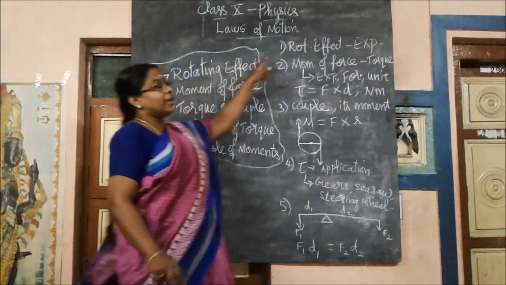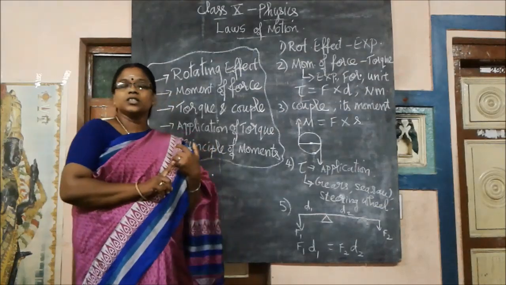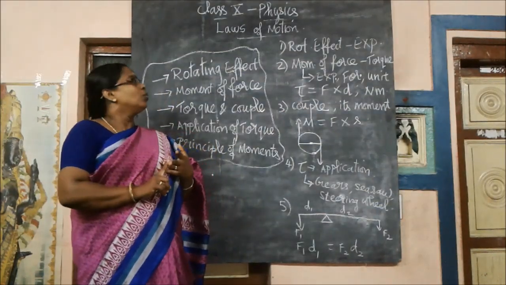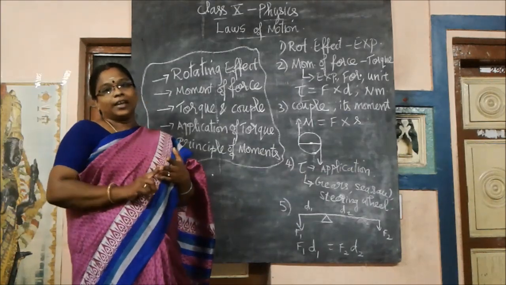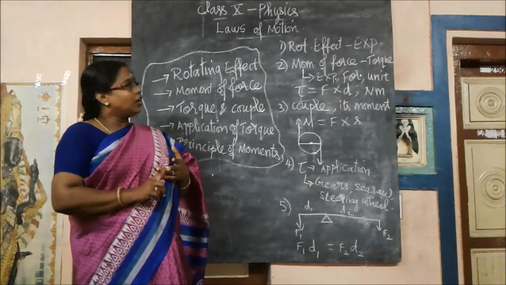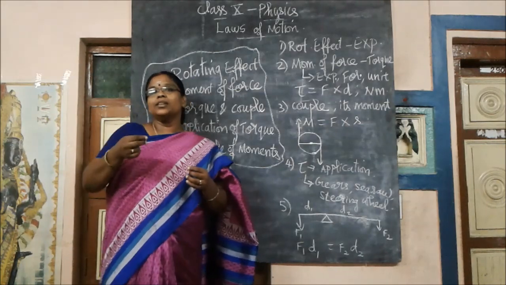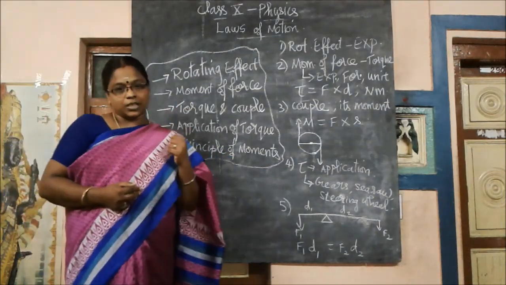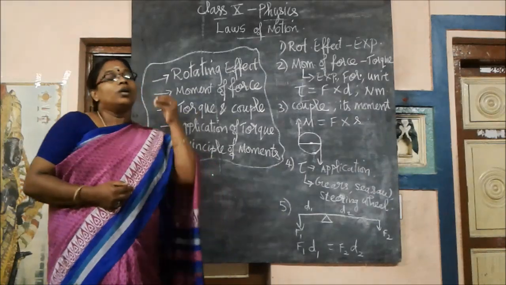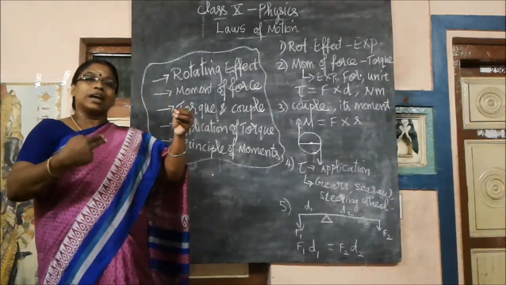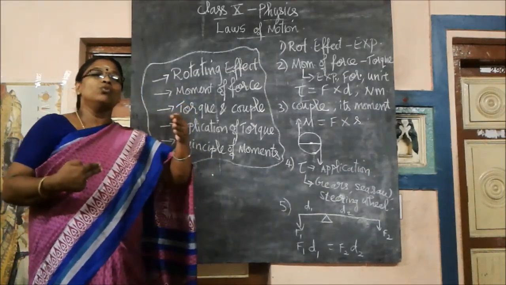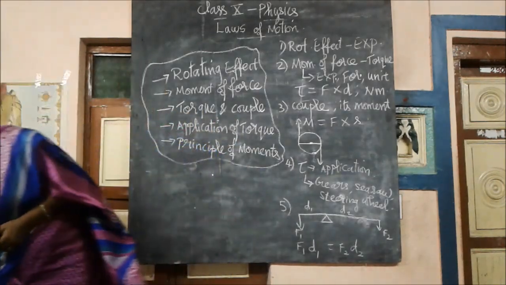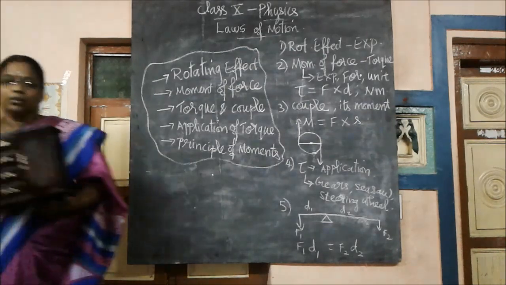So now we came to know what are hinges, what is axis of rotation, and what is rotating effect of the force. Now as we apply the force at the edges, the effect increases.